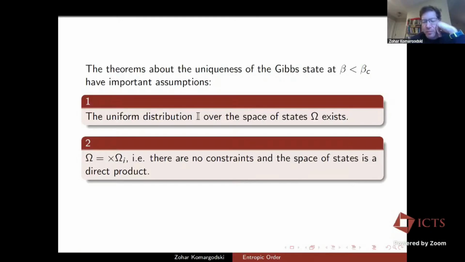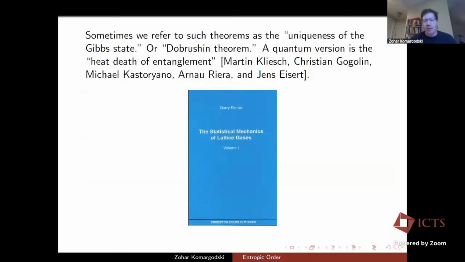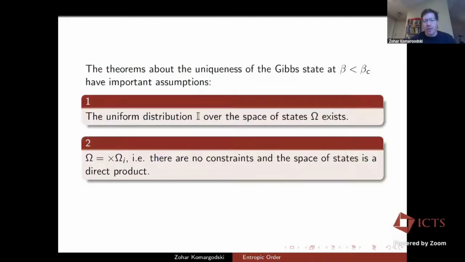Despite this, there are the Dobrushin or uniqueness theorems for the Gibbs states. And that's what we're going to do today. I'll show you that there are some extremely simple models that look very physical, that avoid these theorems, and have very interesting phase diagrams at high temperatures. Are there any questions about the Dobrushin theorem or those assumptions?